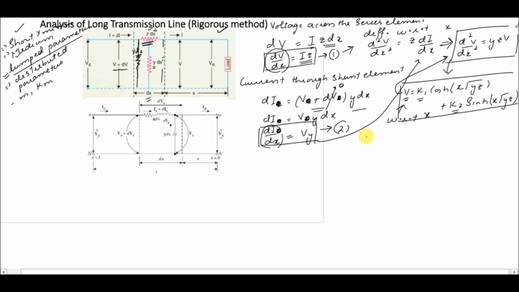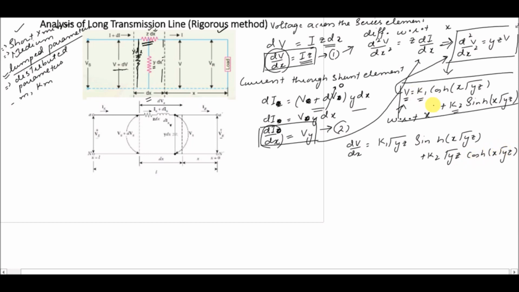So after taking the differential, dV over dx is equal to k1 under root yz sinh x under root yz plus k2 under root yz cosh x under root yz.